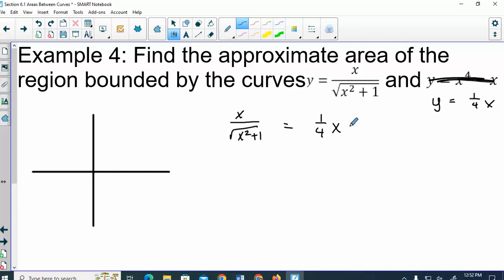Right, we can multiply the square root over here. You could even, 1/4 x, isn't that the same thing as x over 4? So could we just cross multiply and get rid of all the fractions at once? So we would have 4x equals x times the square root of x squared plus 1.